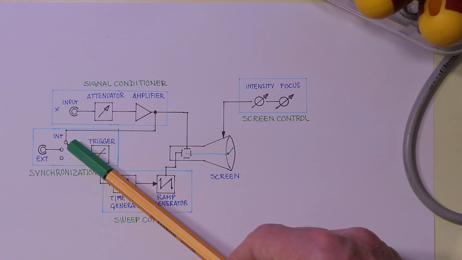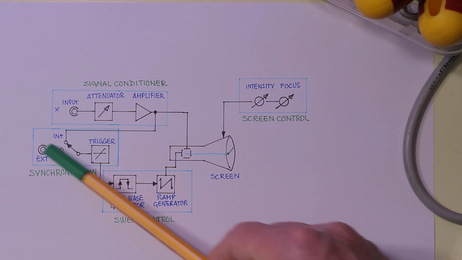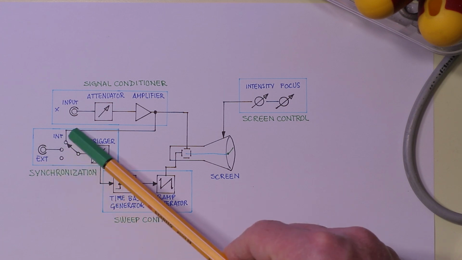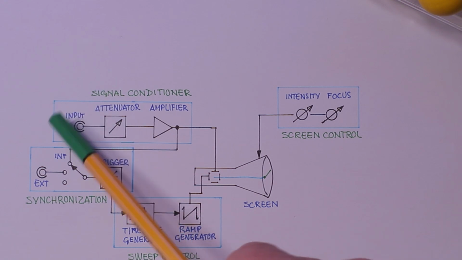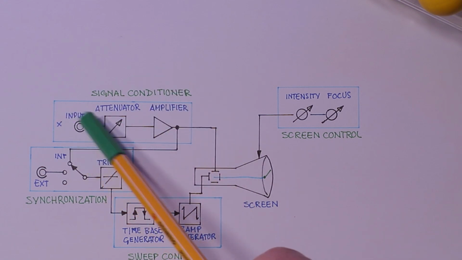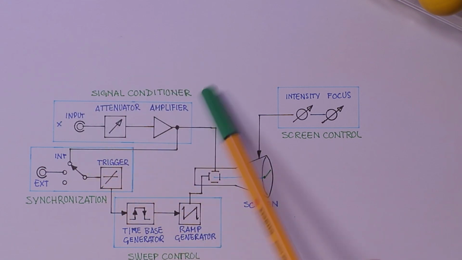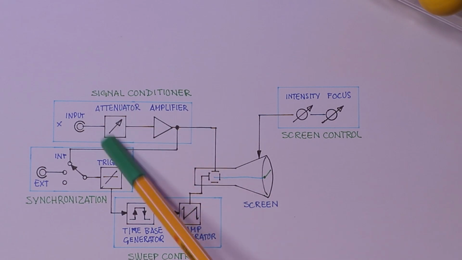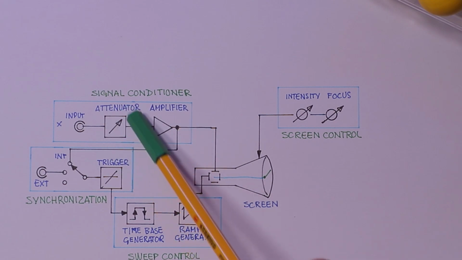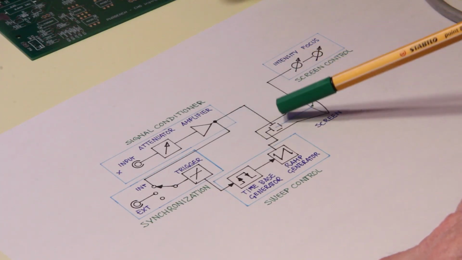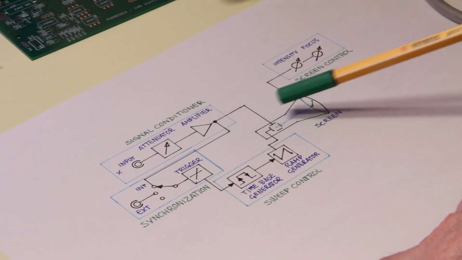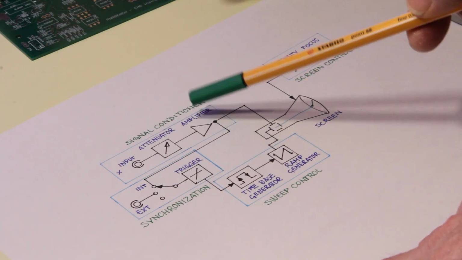The trigger can be set to work with an external signal or with the internal signal coming from the input of the x-axis. And here we have the signal conditioner, which is composed of one attenuator and an amplifier. Its output controls the vertical motion of the dot along the y-axis.